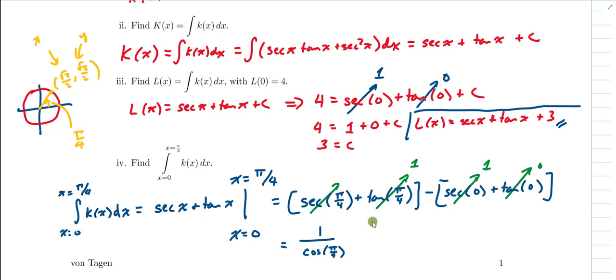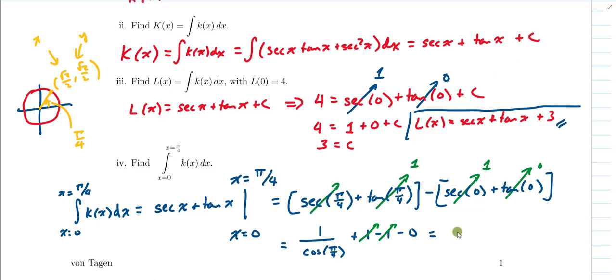Everything else is kind of straightforward to evaluate. We got plus 1 and minus 1. And then if you wanted to be really careful, you'd have a minus 0, distributing this minus sign to both terms. Okay. Here, these two terms will add out, and I'm just left with 1 over the cosine of pi over 4. But we just said to find the cosine on the unit circle, we take the x-coordinate of that point.